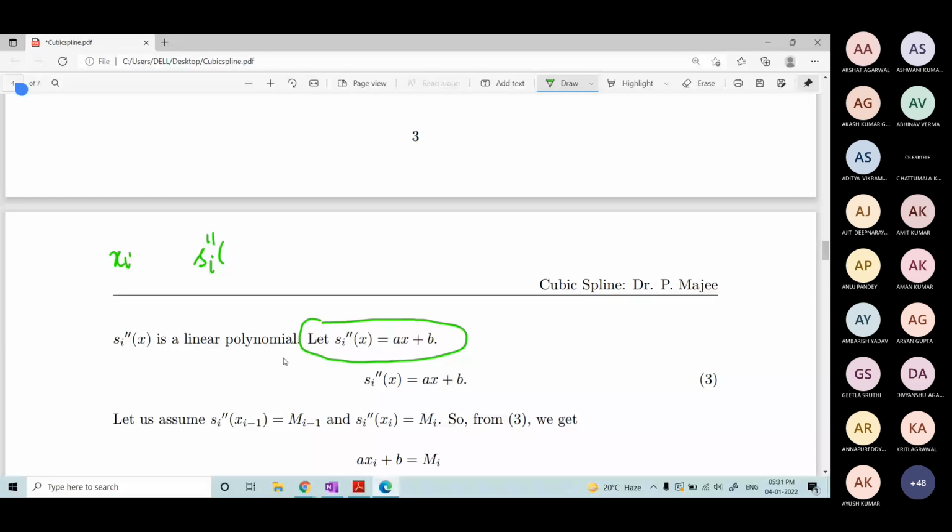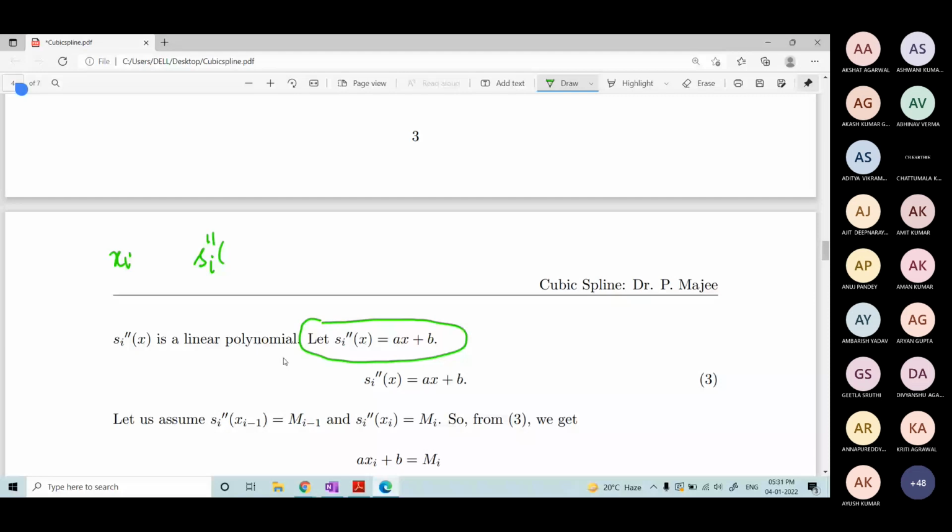Then in that S_i dash x, put simply i equals i plus 1. Then you get S_{i+1} dash x, which is defined in the interval x_i to x_{i+1}. And then use this continuity condition of first derivative. You will end up with this system of equations.